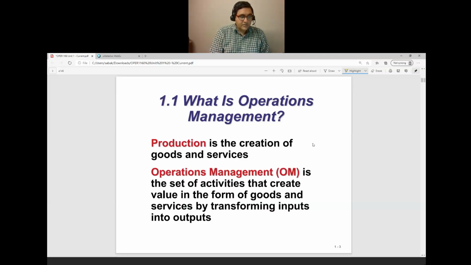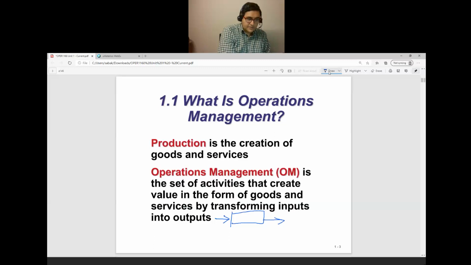So I would like to create a small block diagram here, which will be very useful for you. For any operations management question, always remember this. There is a small block diagram here, and you have inputs coming in and outputs going out. Input is here.